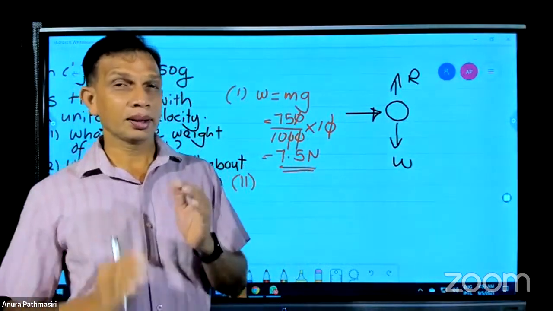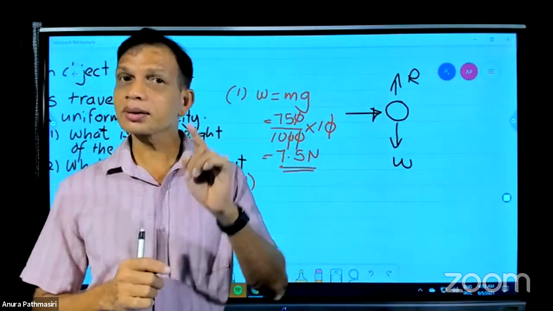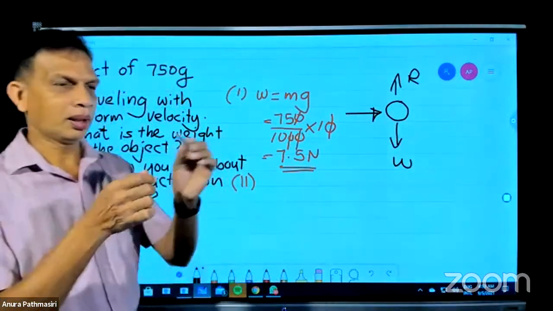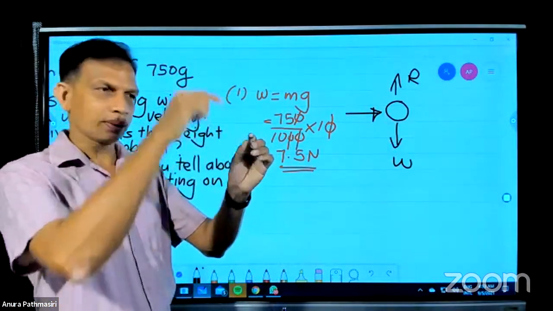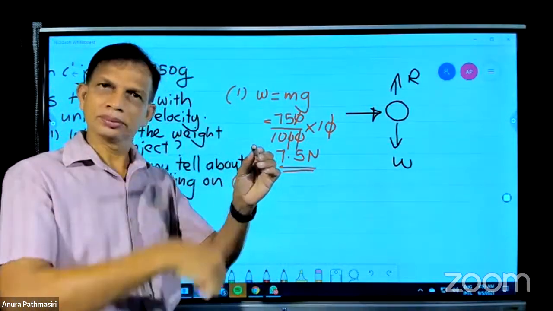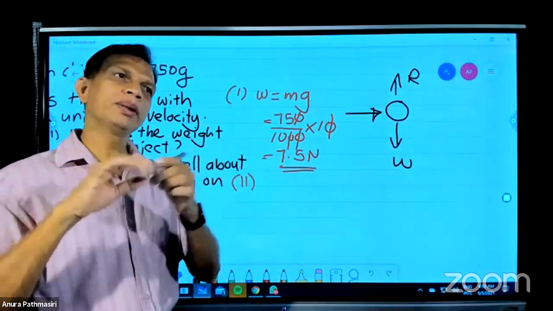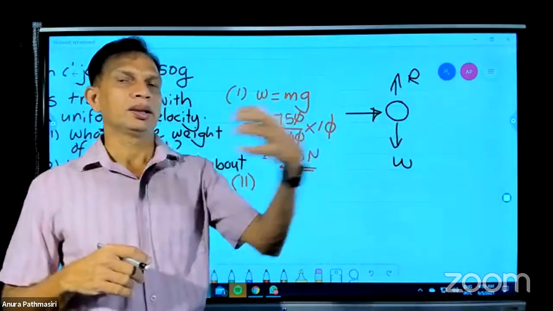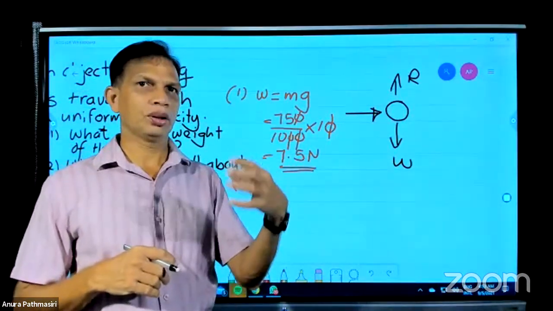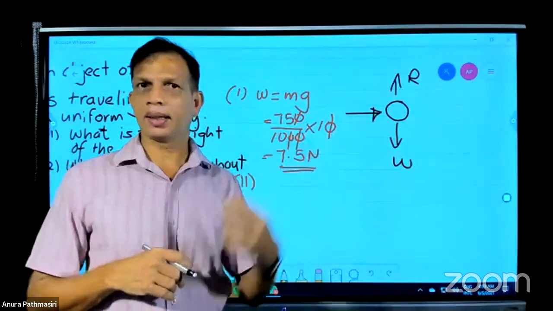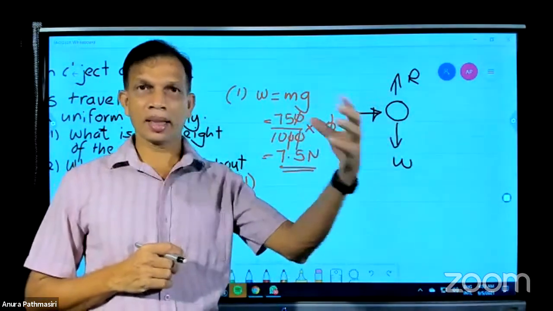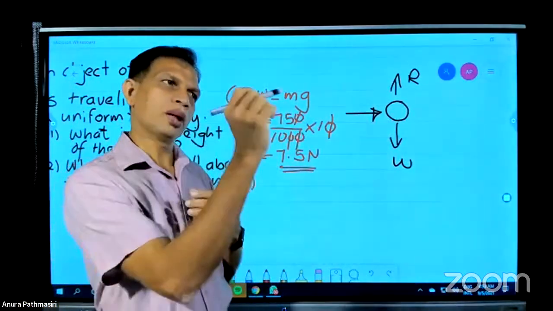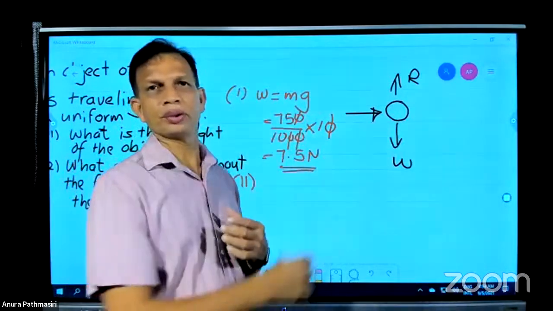Even though this tries to move, the gravitational force tries to pull it down. That means there is an unbalanced force acting on it. The unbalanced force acting on this one is pulling it down. Or it may be the opposite force exerted by the friction or the air resistance. The air will be blocking the forward force.